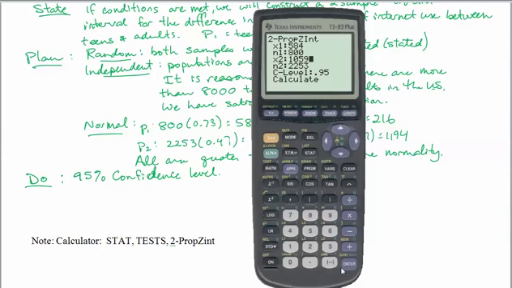If you don't use an integer, you will get an error code. We've entered in X1, N1, X2, N2, the C level, and then we will calculate. And you can see that we get our 2-PropZInt right there. It reiterates our sample proportions and our sample sizes so that we can confirm what we had.